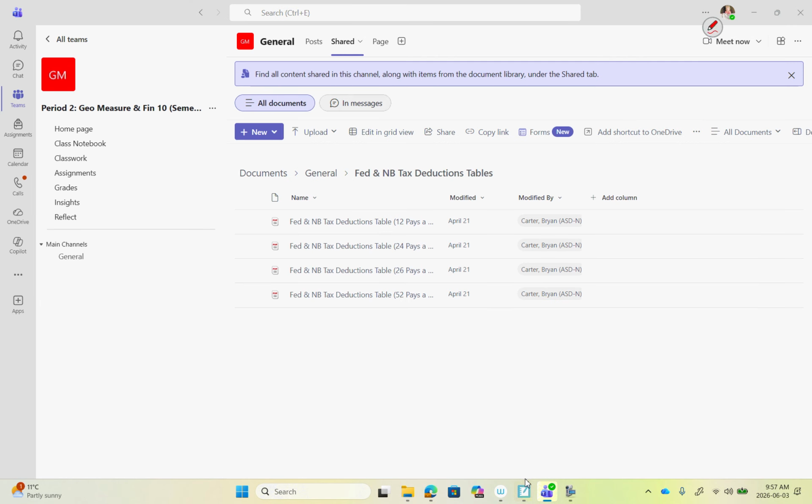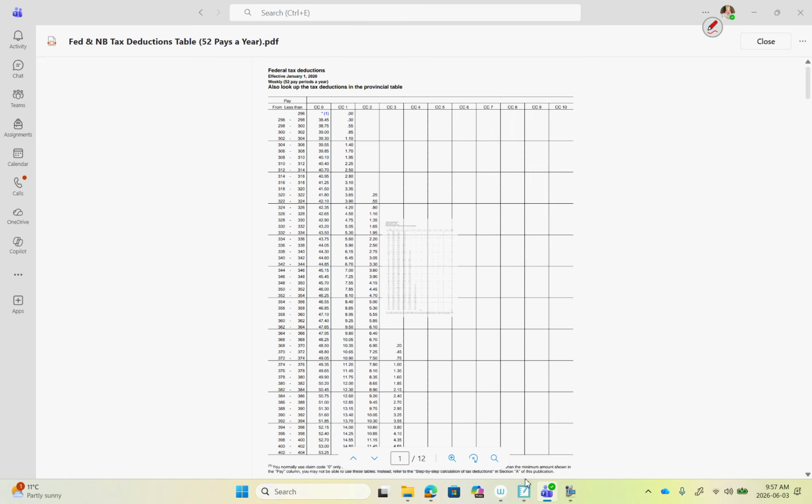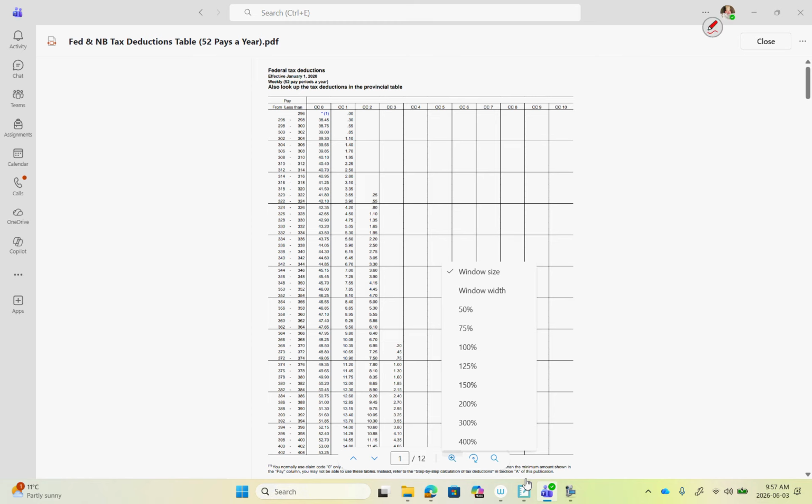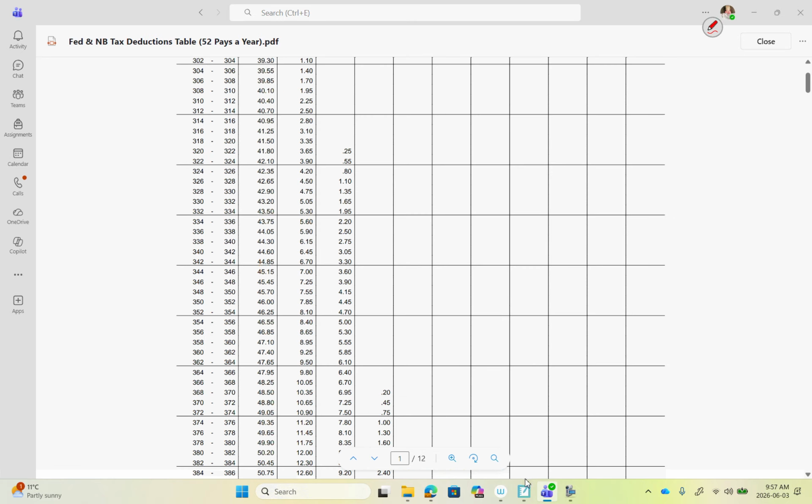So if I open the team, I went into the federal and New Brunswick tax deduction tables. Which one should I open? 12 pays, 24 pays, 26 pays, or 52? 52. So I'm going to 52. And I'll zoom in for you. Okay.